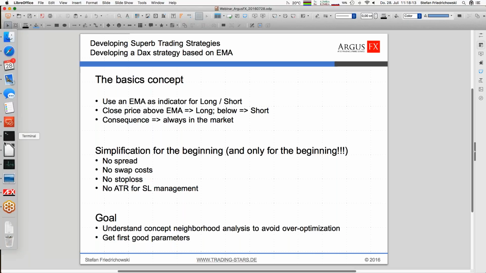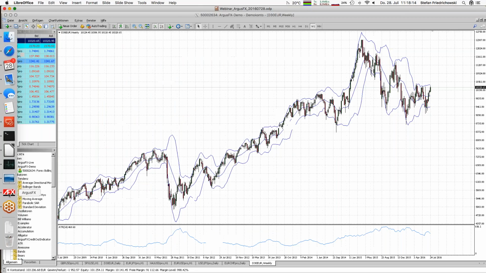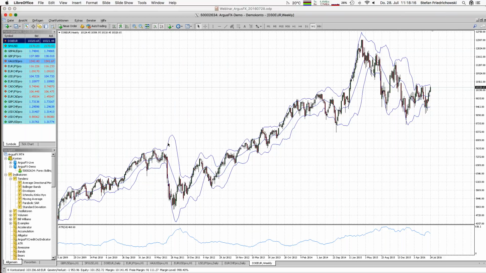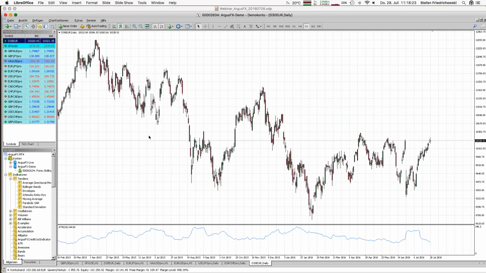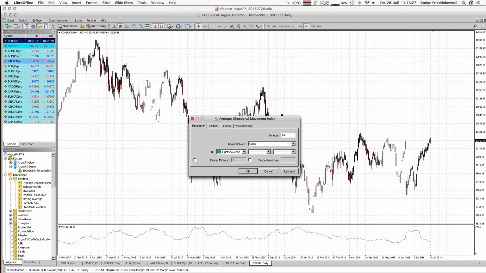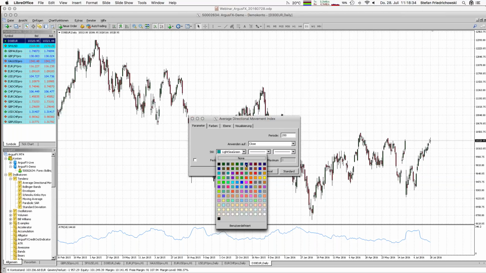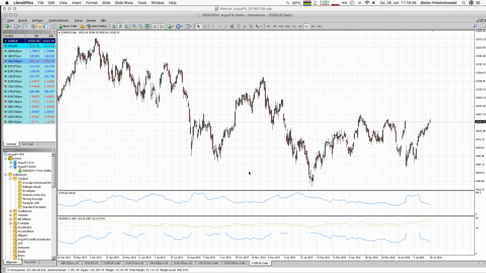So let's have a look at that chart here. Once again, I delete the indicator, I change to D1, and what I would use here is simply an EMA value. Let's start with 200 in this case.